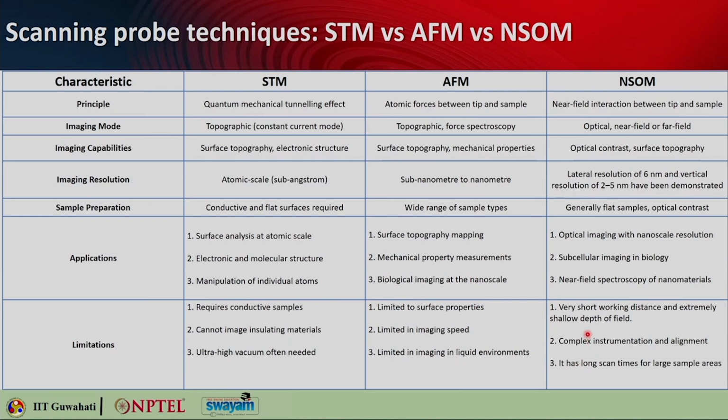NSOM has also got some limitations. It has a very short working distance and extremely shallow depth of field. The instrumentation is very complex and it requires precise alignment, and it has a very long scan time for large areas of sample. So, here are the different techniques that we have understood.